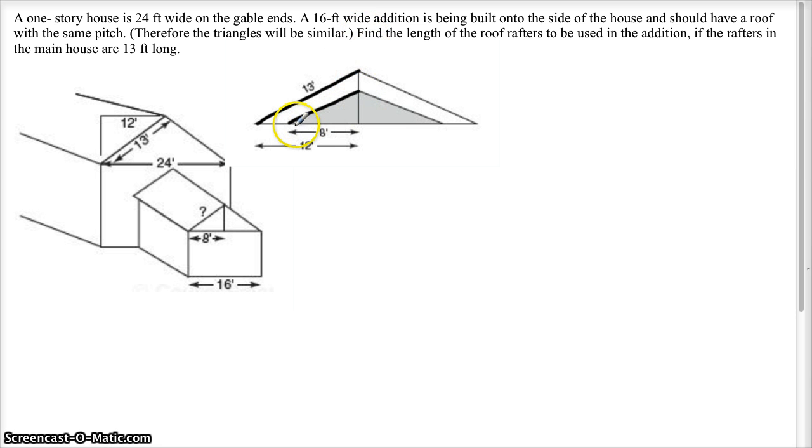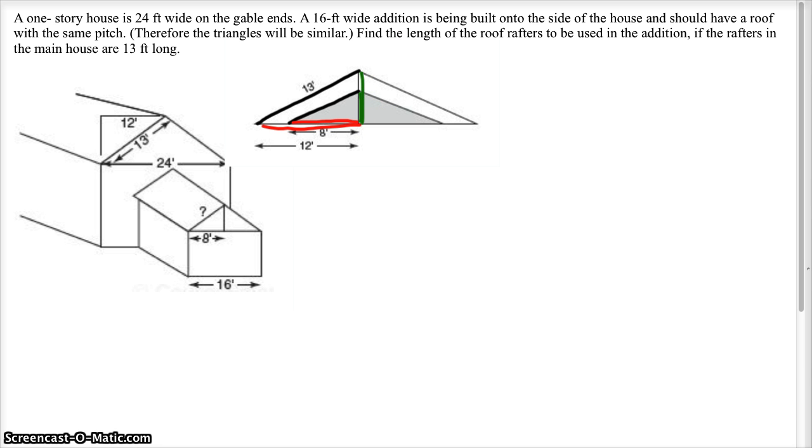Similarly, this side right here of my smaller triangle is the corresponding side of the 12-foot long side in the larger triangle. Remember, for similar triangles, I just have to relate two of the sides. I don't necessarily have to write the third side, but if we continued along, this side right here of the smaller triangle would correspond with the height of the larger triangle.